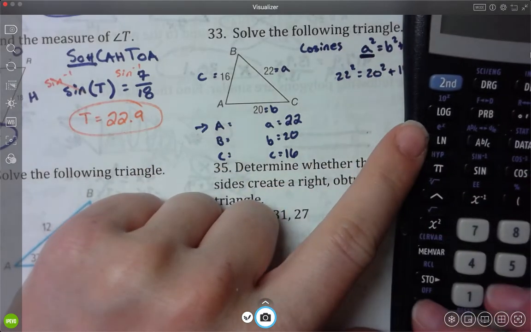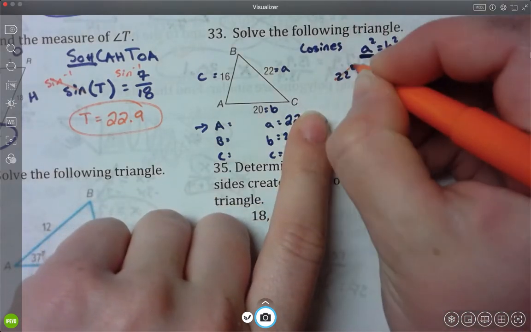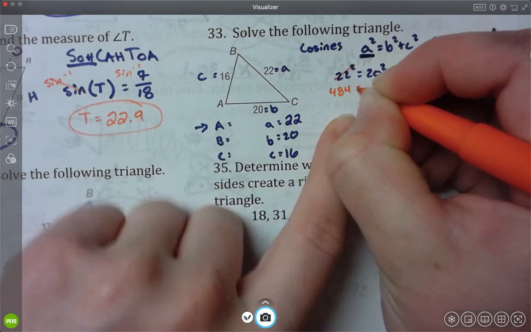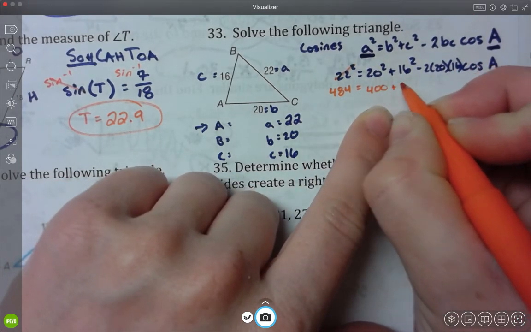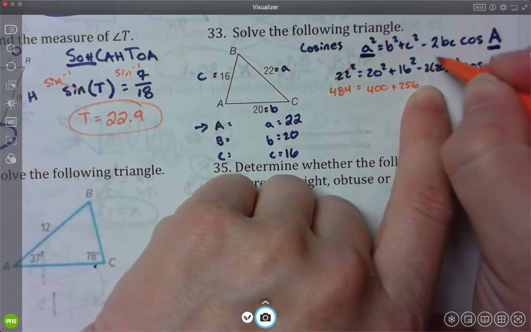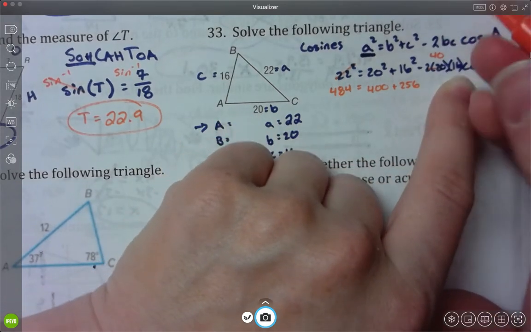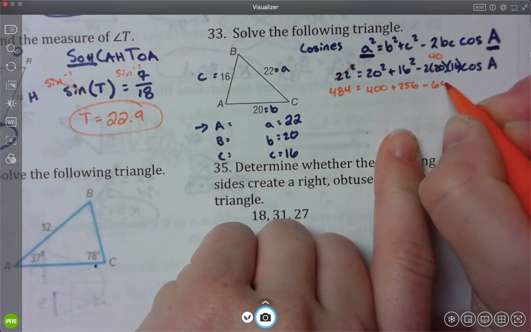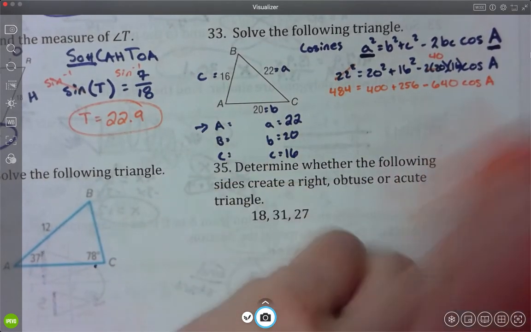That one I don't know. 22 squared is 484. Okay, I do know that 20 squared is 400. 16 squared is 256. 2 times 20 is 40. And 40 times 16, I know that 4 times 16 is 64. So this would be 640 cosine of A. That's what he would look like.